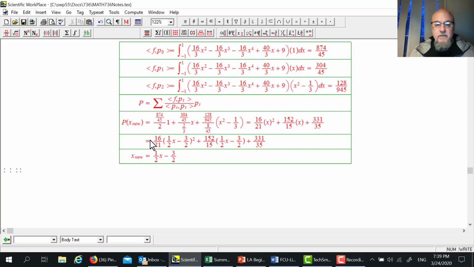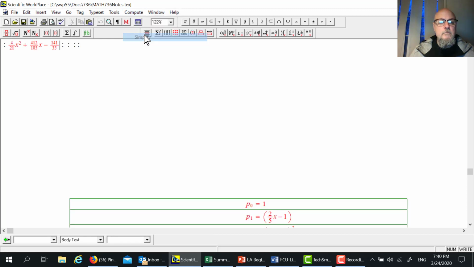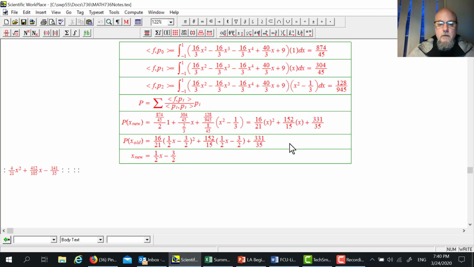And now when I clean this up, now these are old x's, right? So this is going to be our simplified polynomial with the old x's, the original x's, the x's that we want, the x's that go from 1 to 5. So let's tidy this up here. Okay, these are all done.